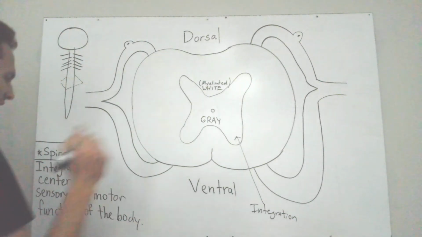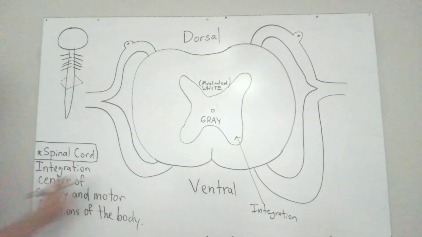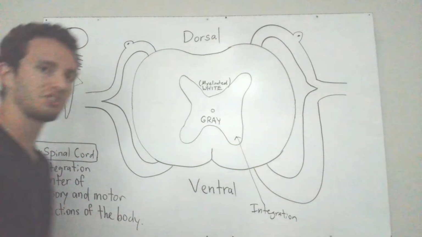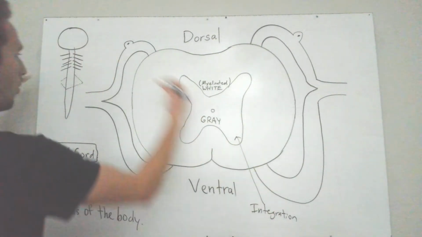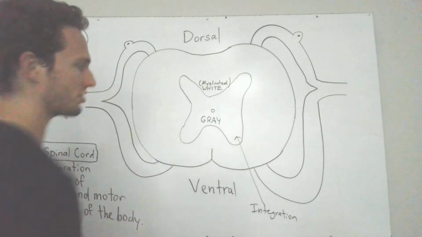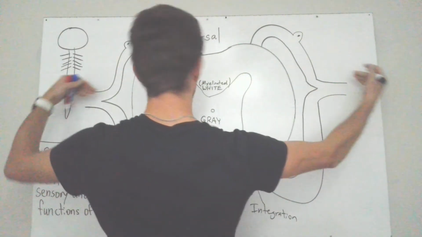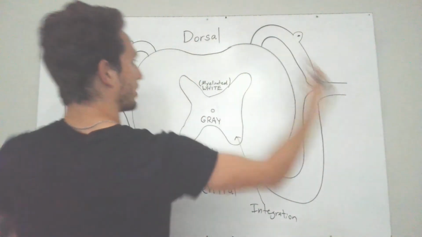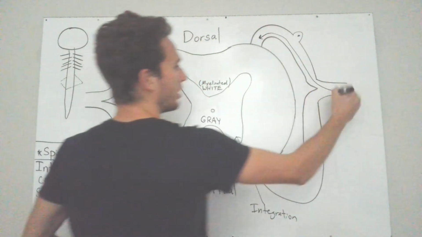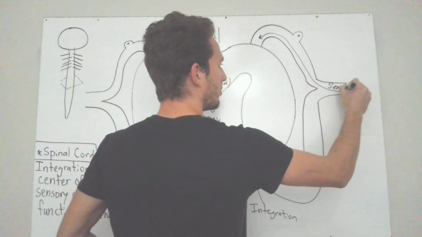Now, I said this is sensory and motor integration center, right? Well, we will have sensory input coming towards the central nervous system, okay? So the sensory input, interestingly enough, will be coming from these spinal nerves and then go dorsally. So all of your sensory neurons are going to be coming in from this side.